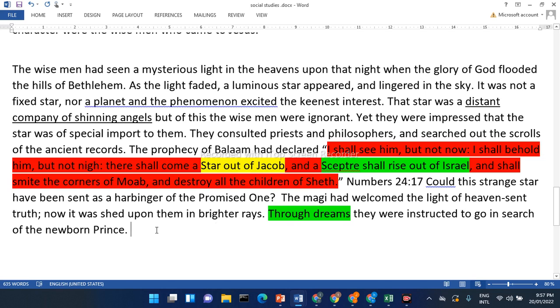And so that added their unction to say, let's go and see what this is all about, let's go and see if we can find the Messiah. So the star that they saw actually indicated the birth of Jesus.